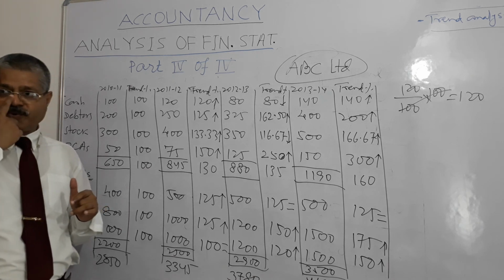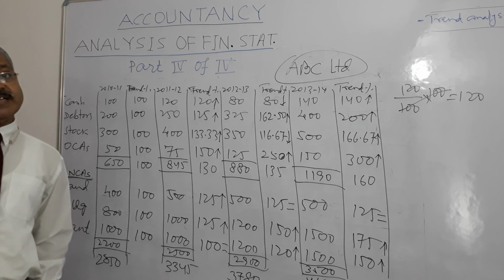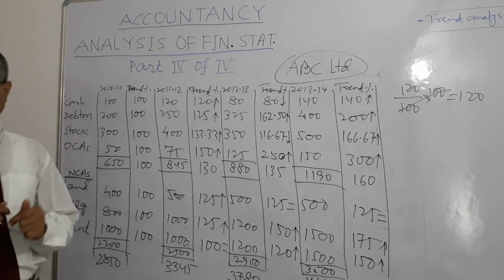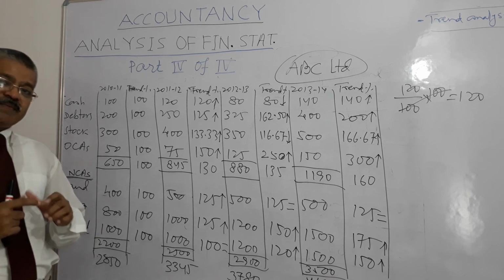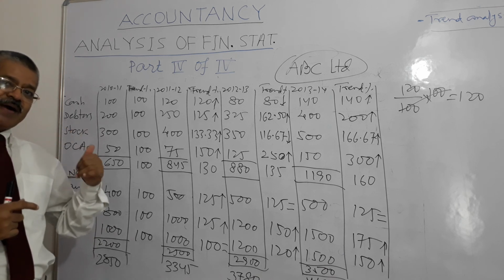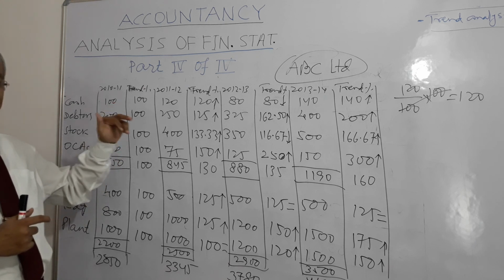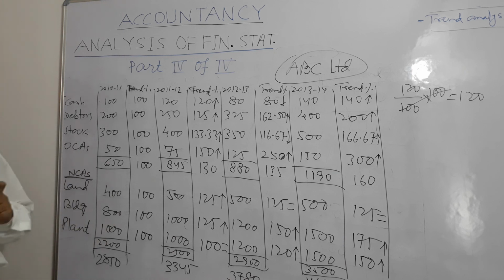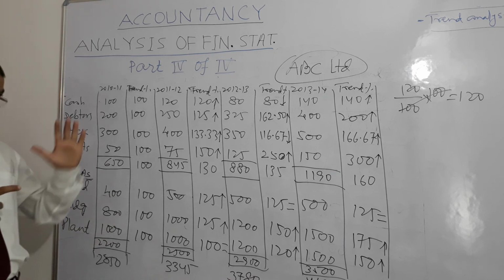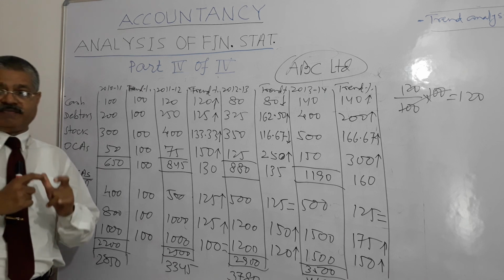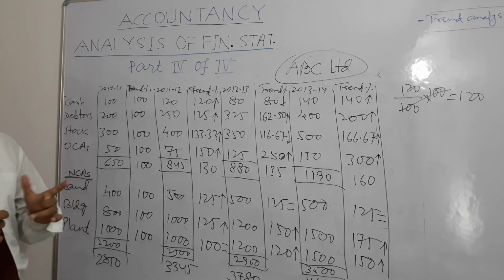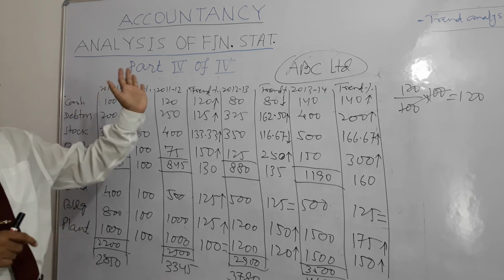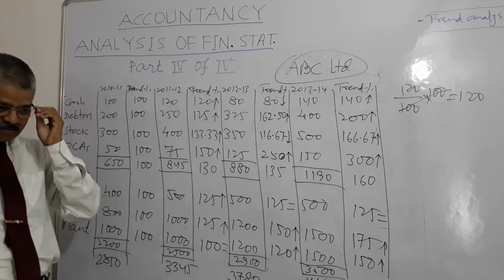And involves computation of percentage relationships that each item bears to the same item in the base year, right? Through this trend analysis, we learn about the behavior of the same item over a long period of time. Generally, this is done for a long period, 5, 7, 10 years.